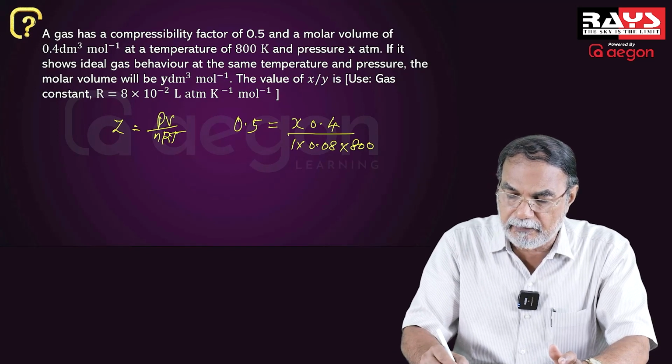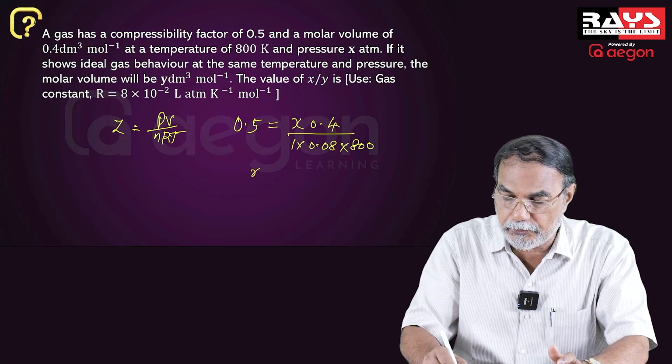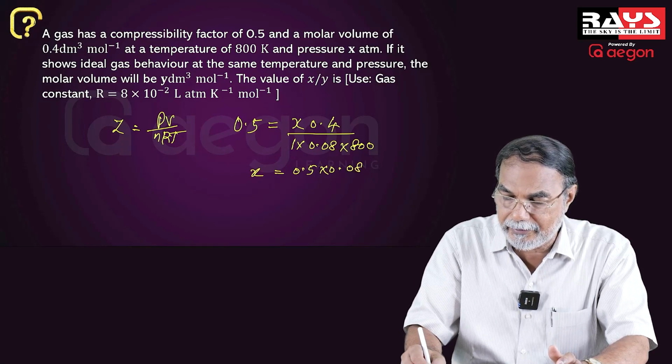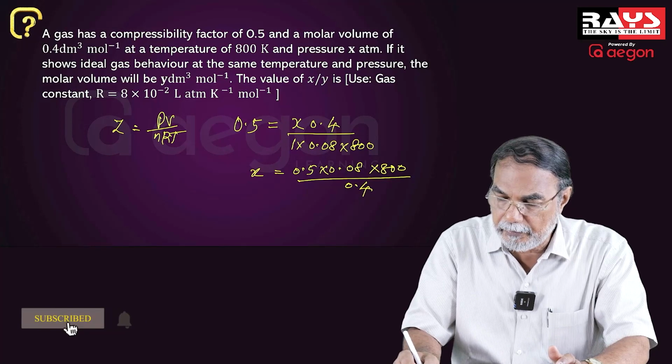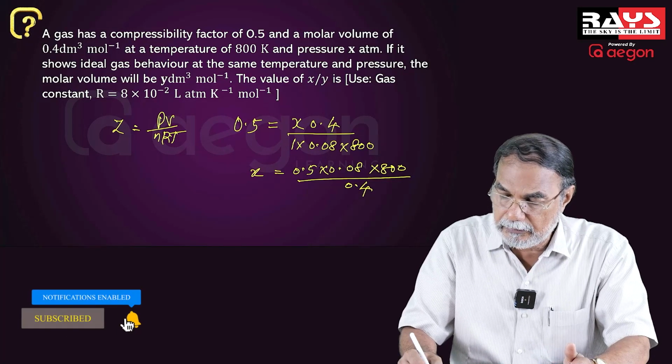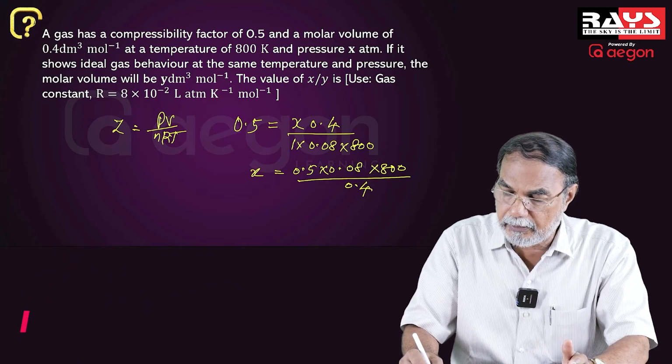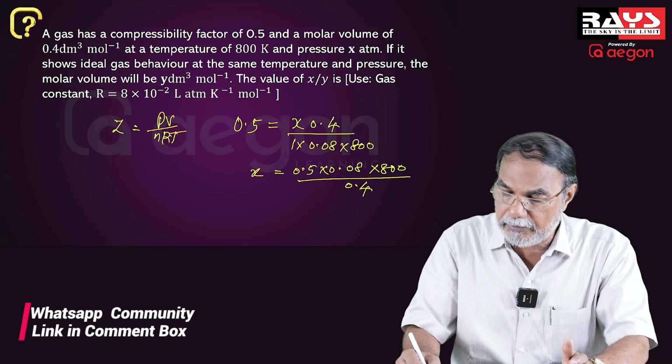So from this you can solve and get the value of X. X is equal to 0.5 into 0.08 into 800 divided by 0.4. So the value is, this is 100 and here you have 8 into 8, that is 64.